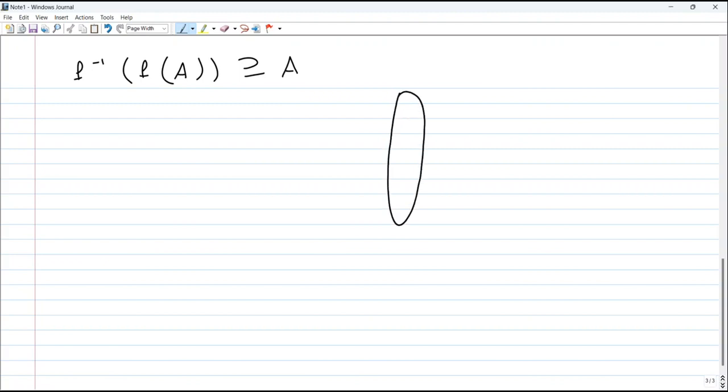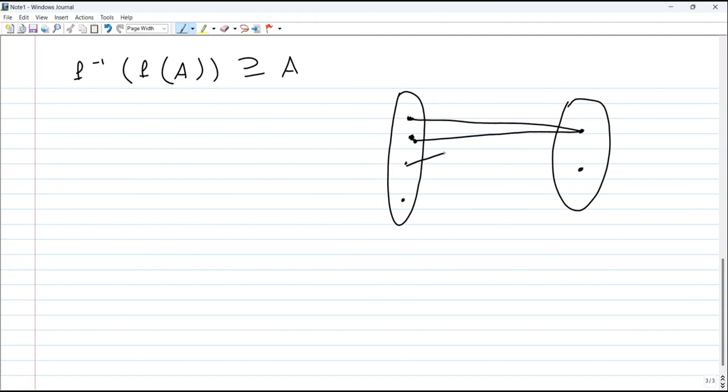So you start with something, say you start with these two elements. And suppose these two elements get mapped here. The first two elements get mapped here. And the third element also gets mapped to the first element. However, the fourth one gets mapped to the other guy.